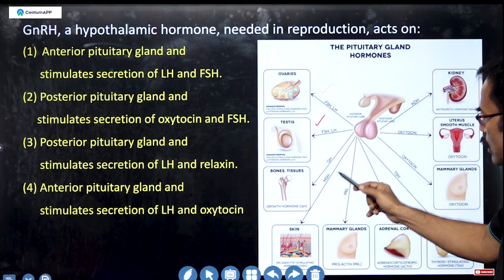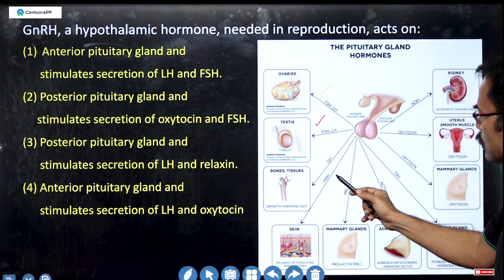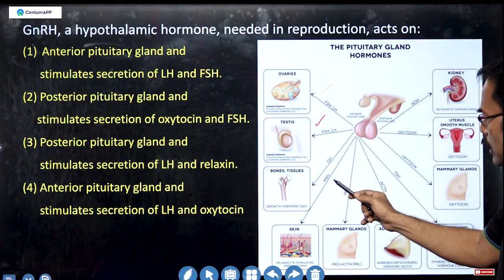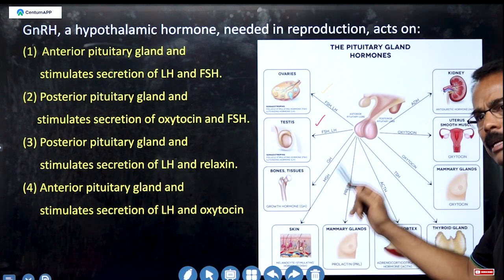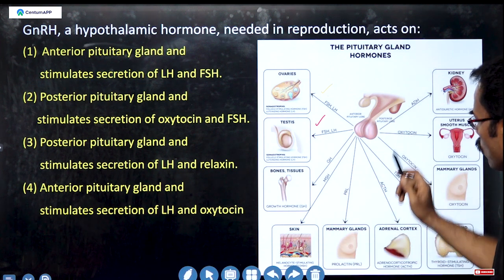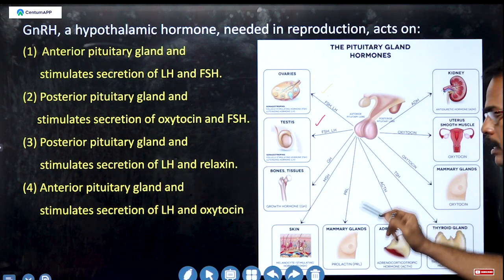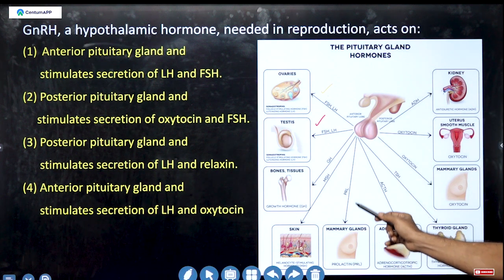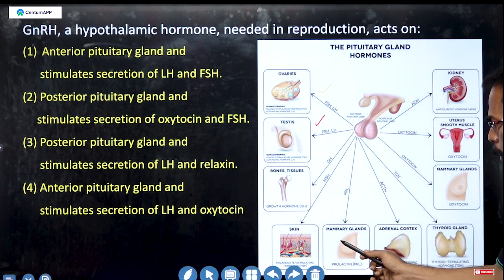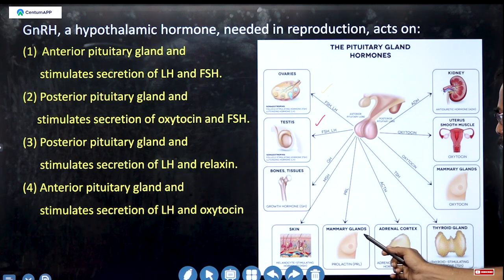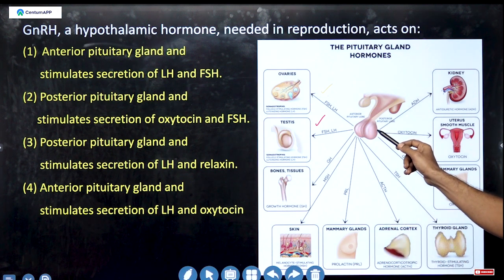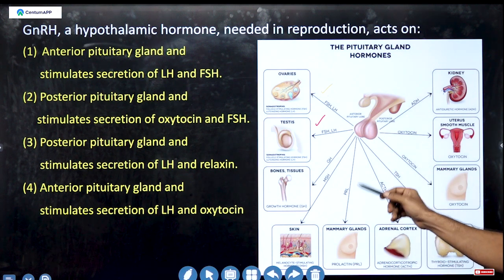Then MSH, melanocyte stimulating hormone, is released from the middle lobe of the pituitary gland. Next, PRL, prolactin. Prolactin is released from the anterior pituitary gland, which acts on the mammary gland in females to produce milk.